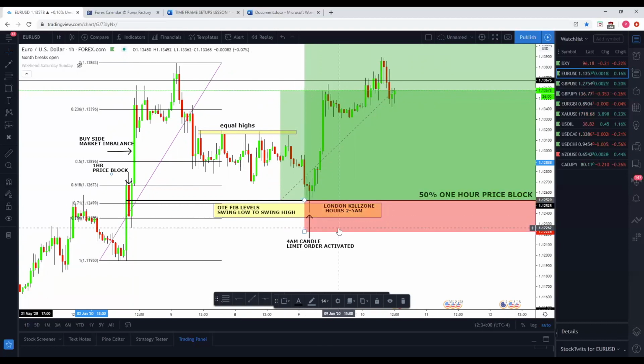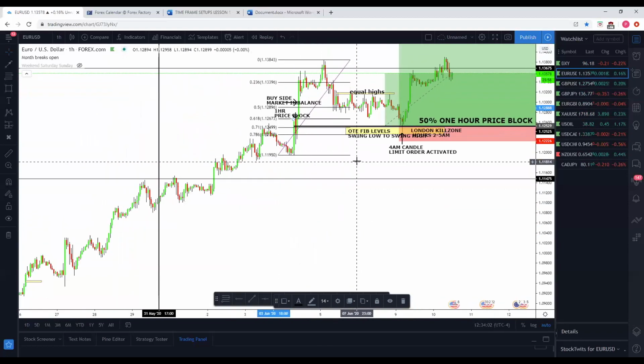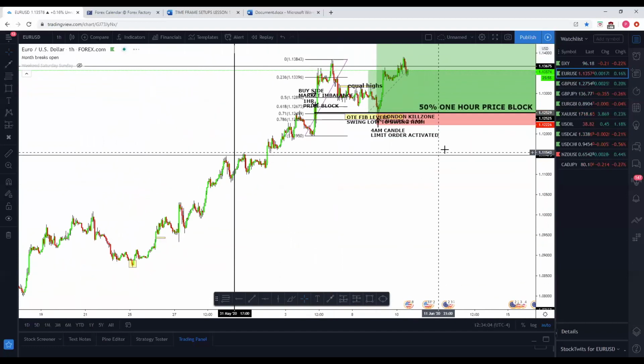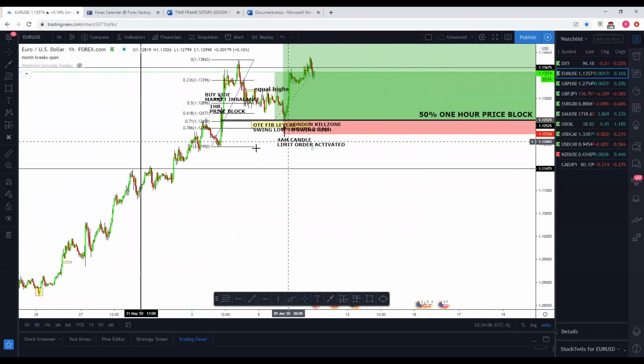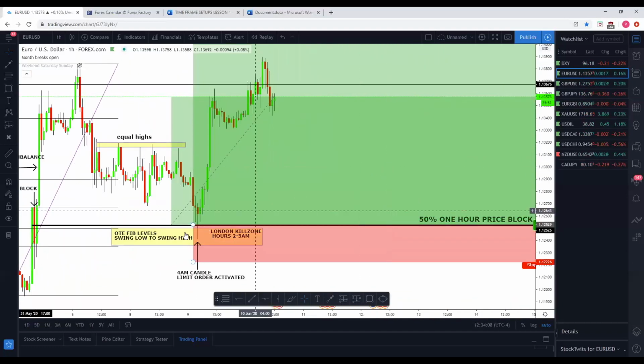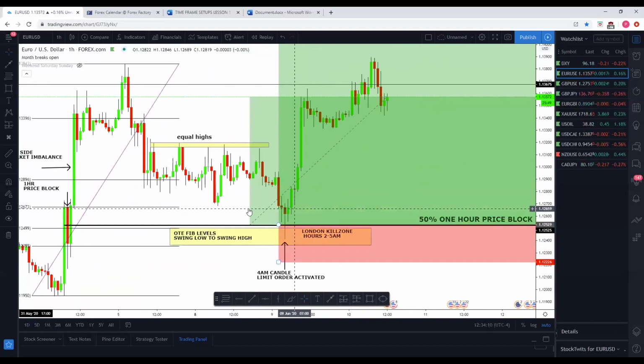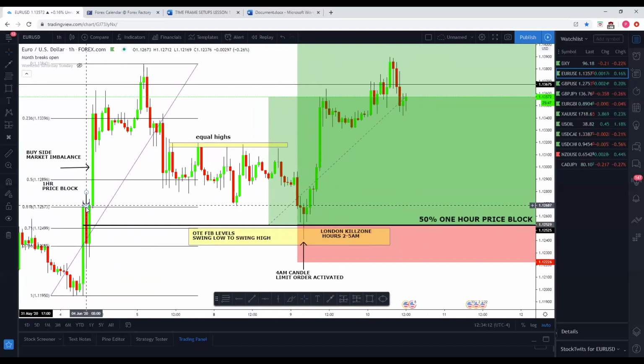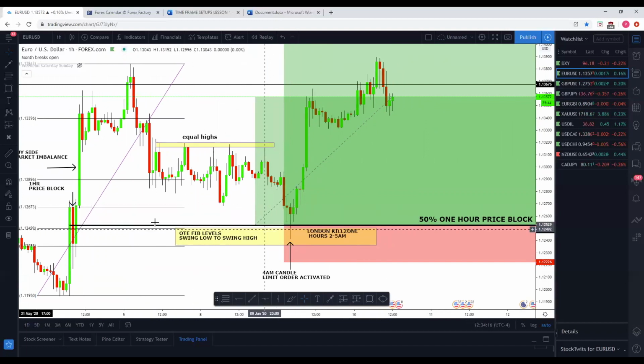My stop loss from here was, let me zoom out a little bit, 30 pips. 30 pips from the most premium entry point on this price block. And we got into drawdown about 11 pips.